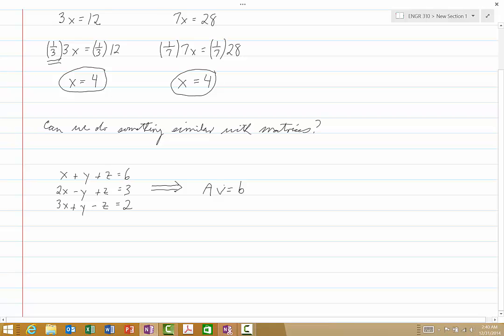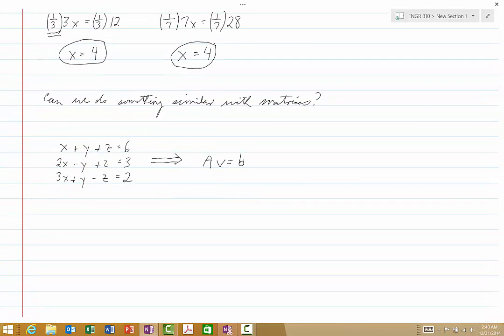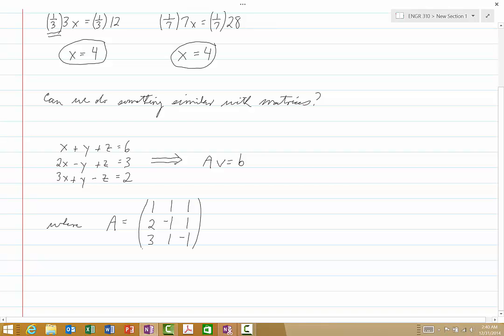I'll say V. So this system of equations implies AV is equal to B, where A is equal to 1, 1, 1, 2, -1, 1, 3, 1, -1. V is equal to X, Y, Z, and B is equal to 6, 3, 2.